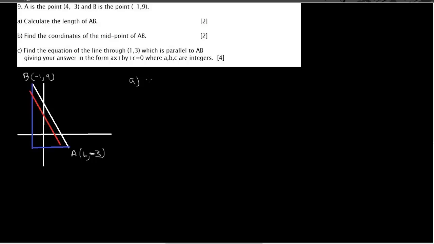So first I'll calculate the length of AB. We just use Pythagoras to find AB. So AB squared equals 9 minus 3 squared, so the length of AB squared is the blue lines squared.